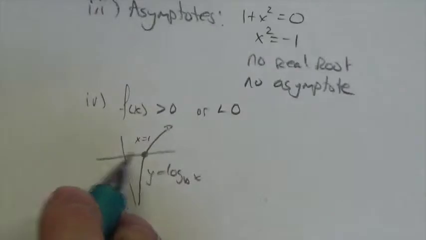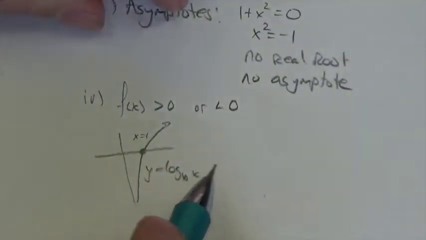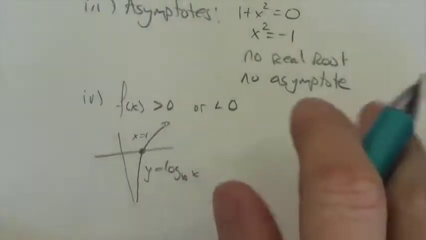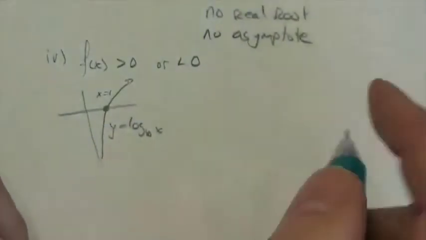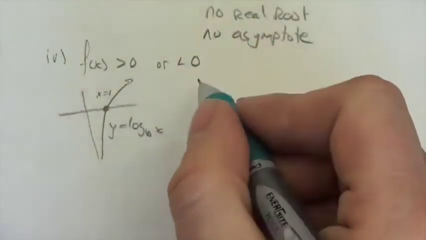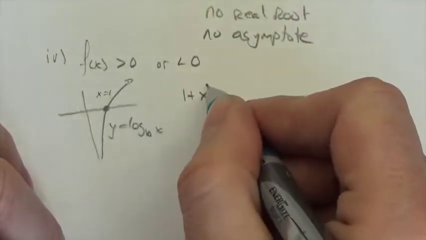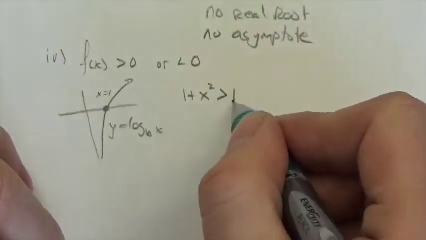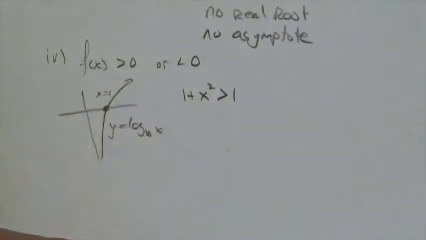So as long as x is greater than 1, the logarithmic function is positive. Considering that I'm taking the natural log of 1 plus x squared, what I'm interested in is where what's inside the log is greater than 1. So let's say I'm interested in where 1 plus x squared is greater than 1, not or equal to, but just greater than 1.